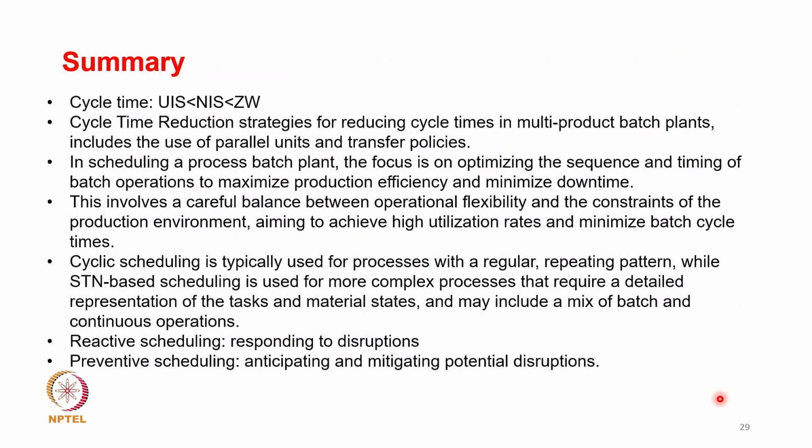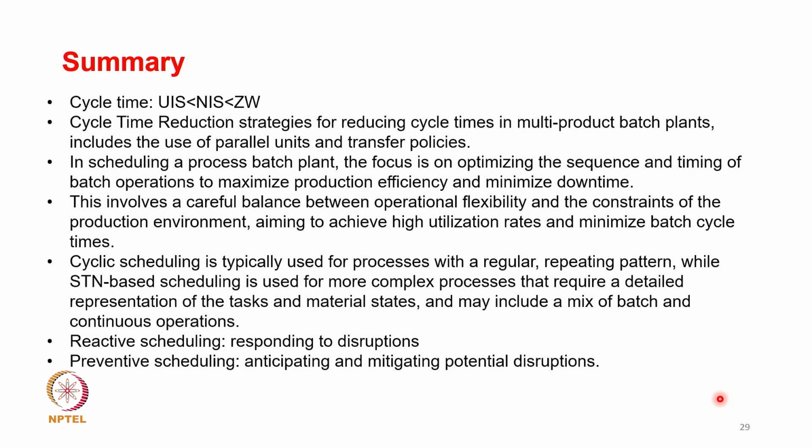So, this was a slightly long lecture, but let us summarize what we have learned. We learned about cycle time reduction, and we found that there are 3 strategies to integrate wait times, and each of them would have a different effect on the cycle time. We also looked at cycle time reduction strategies in multi-product batch plants.